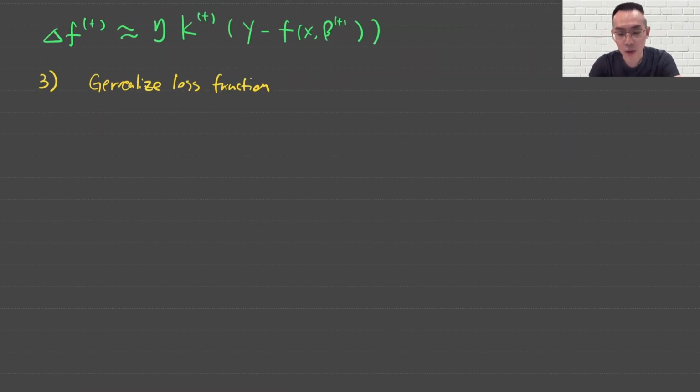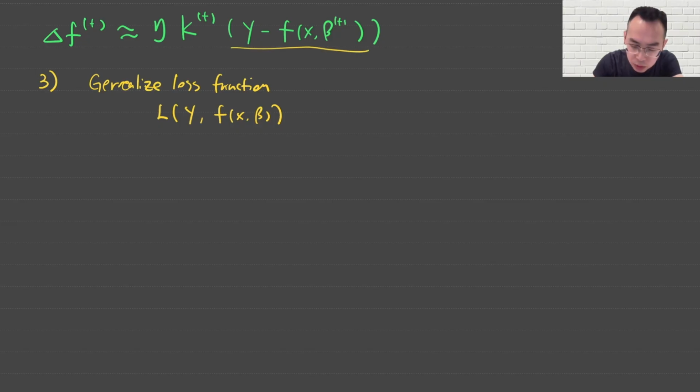Okay, the last thing I want to say in this video is what happens if you have a loss function in general, not just the square loss. For the general loss, we're just going to write it as L with respect to y and f(x, beta). It doesn't have to be squared. So the only thing we need to replace here is this term, coming from the derivative of L with respect to the function f.